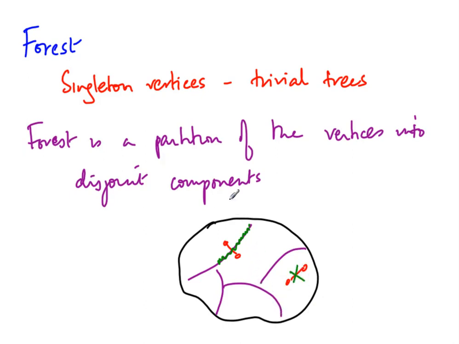So we need some data structure to manipulate this, and there is a natural data structure for this, which is the disjoint set. Okay? We have already seen this disjoint set data structure in the context of job scheduling.